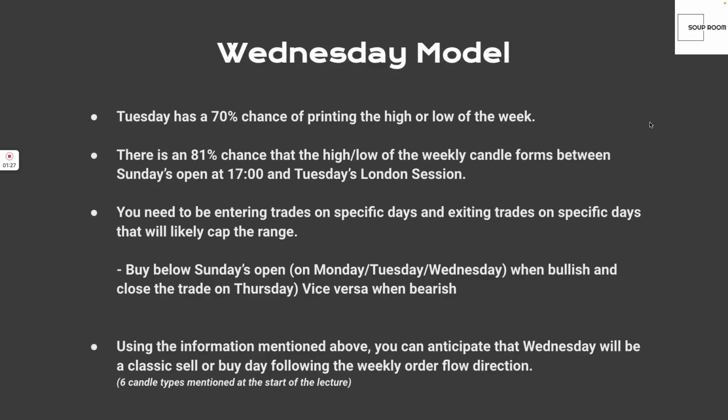Using the information mentioned above, you can anticipate that Wednesday will be a classic sell or buy day following the weekly order flow's direction. If you do not know what a classic sell or buy day looks like, please rewind to the beginning of this lecture, as I have explained all of the 6 different types of candles.